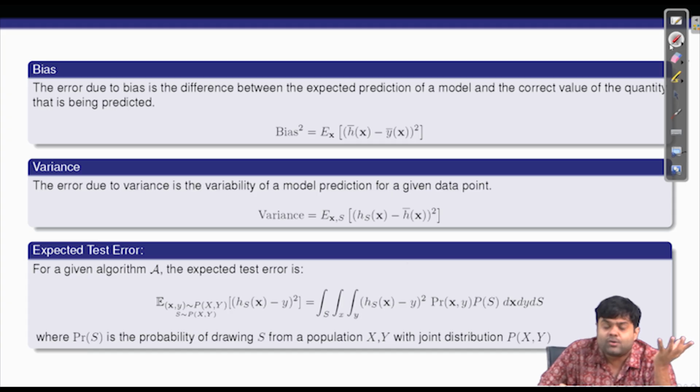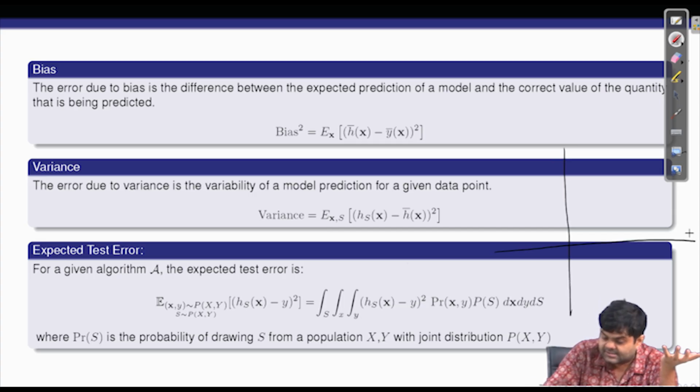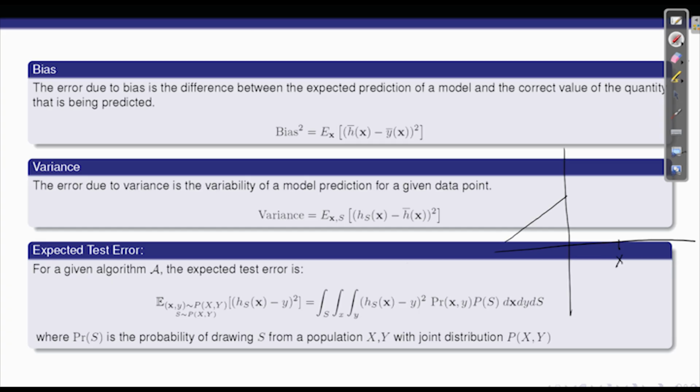Now the alter ego of the bias is variance. Variance says something interesting. Variance says, for each x and each S, suppose this is x. For S1, suppose this is your predicted line. For S2, this is your predicted line. For S3, this is your predicted line. Let's say the average of all these predictions is somewhere here.